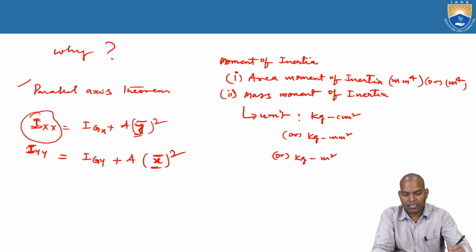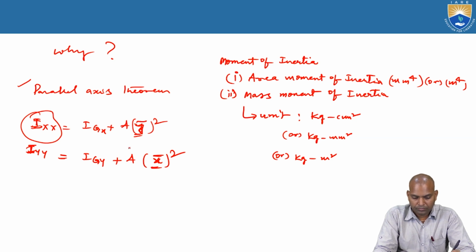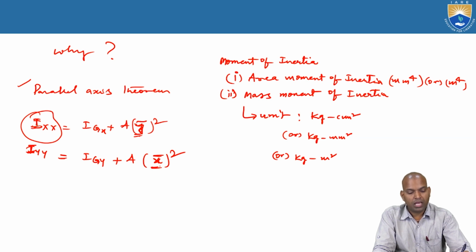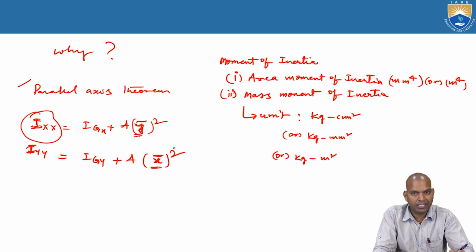Now the point is that bar x and bar y are connected to the centroid of plane figures, that means connected to the area of the plane. This I is the area moment of inertia.